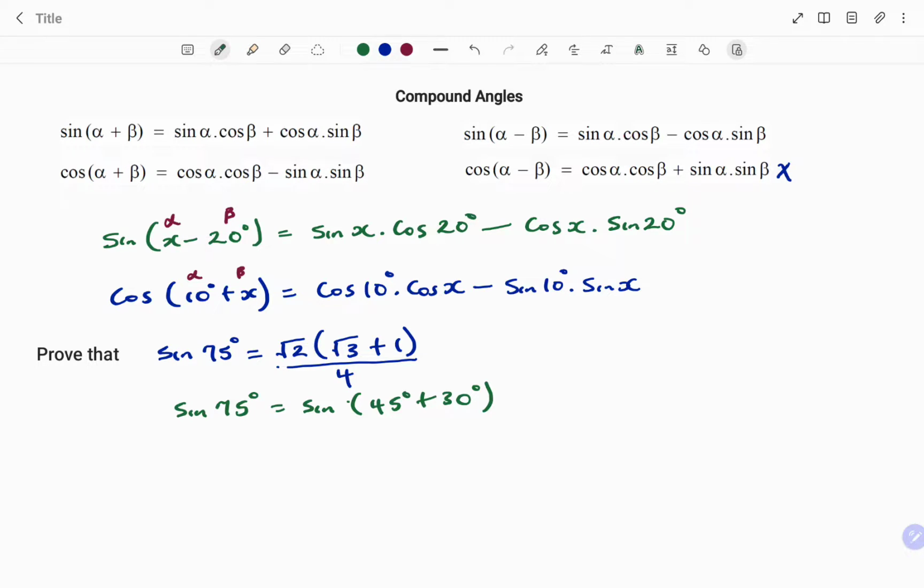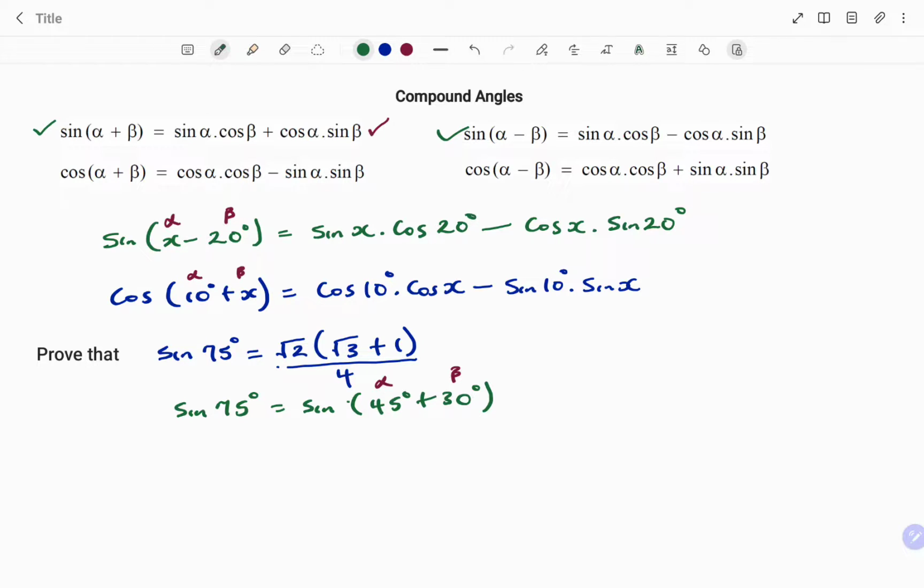Looking at what I have, I'm going to go back to my identities and figure out which of the expansions I'm going to use. Because as a sine, I'm going to use either this or this, but I have 45 plus 30, and the one that has the plus is the first one. So therefore, I'm going to use this expansion such that this will be my alpha and this will be my beta.